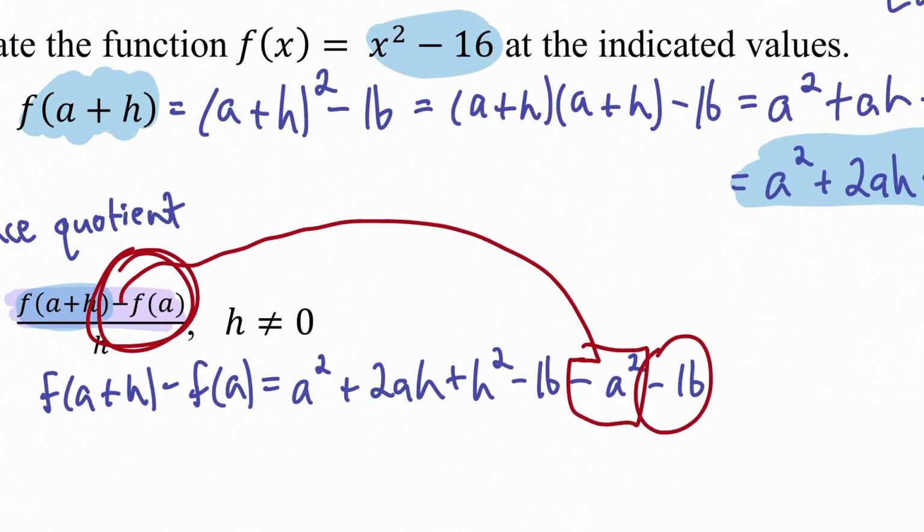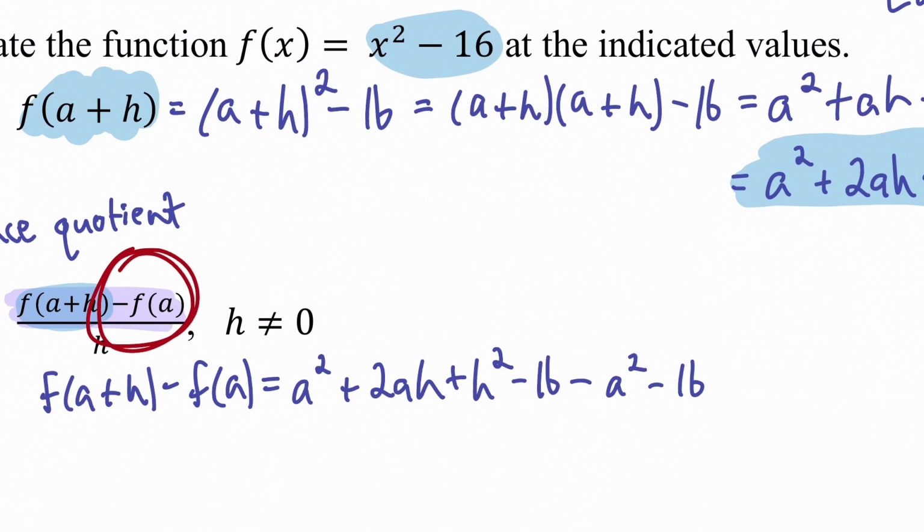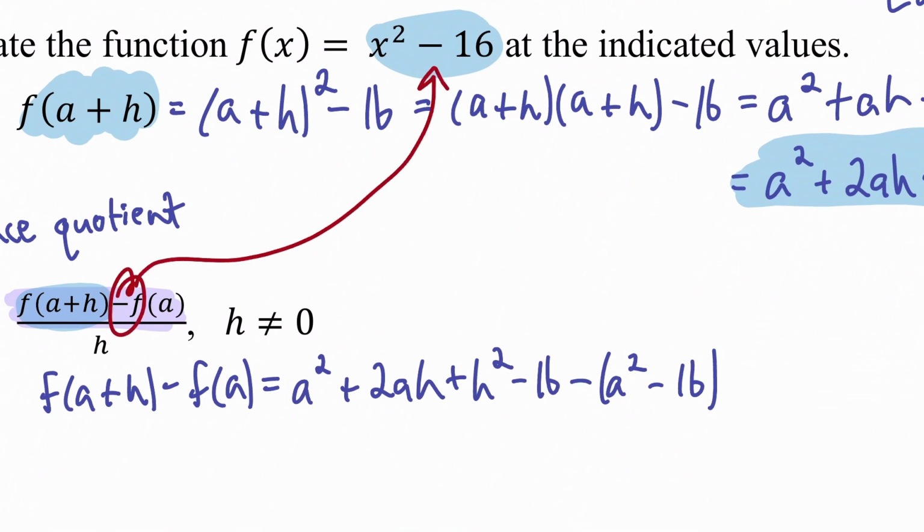I'm not subtracting the subtracted part, if that makes sense. I need to put parentheses here to group that together, because that minus 16 is actually supposed to be a plus 16, since we're subtracting a negative. It should end up being a plus, and if I don't put these parentheses here, I'll get the wrong answer at the end.